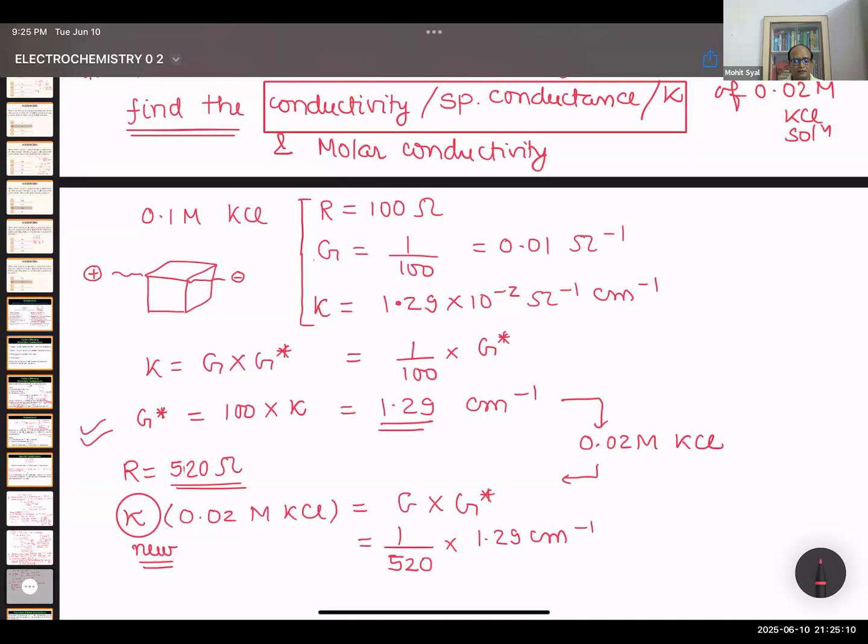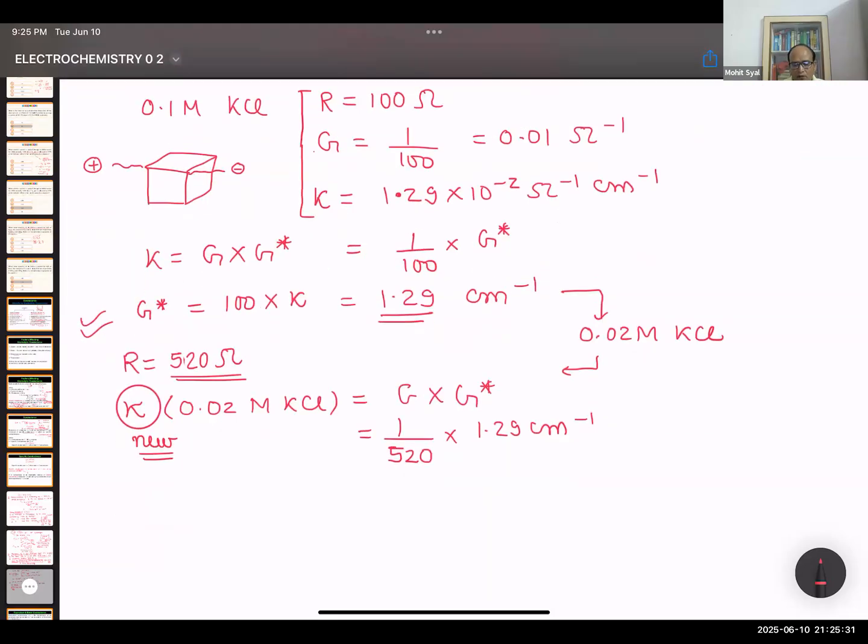Is it clear? Jaslene, Ibrahim, what happened? Yes, sir, it's clear. So this is the new kappa value, and we are going to find the molar conductance lambda m for this new solution.